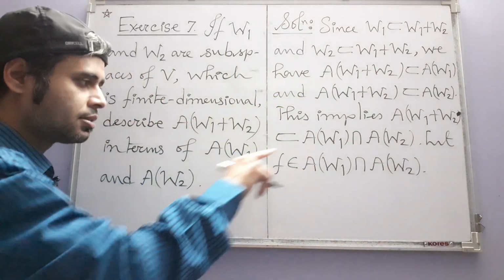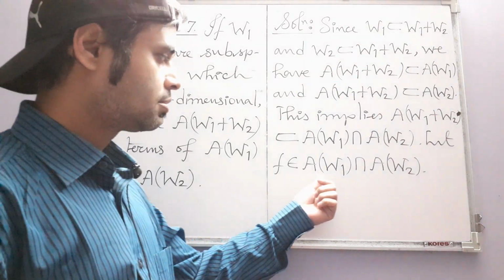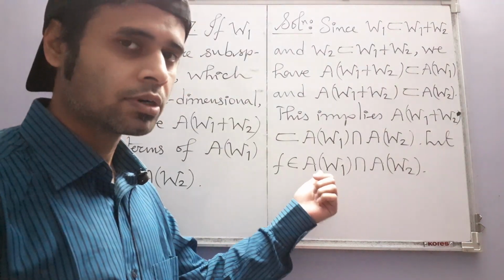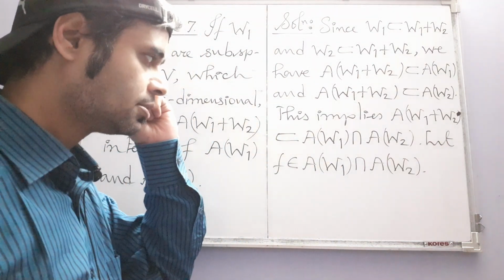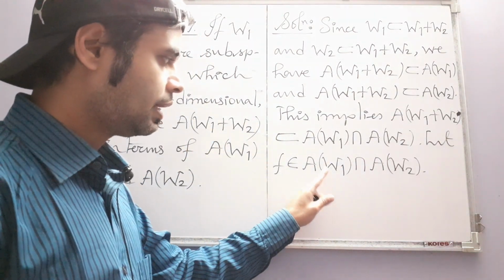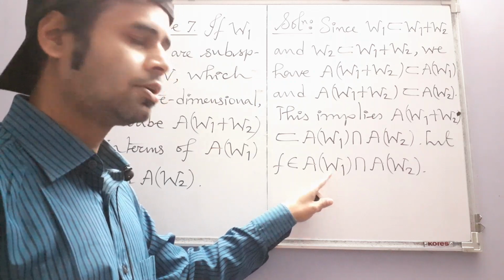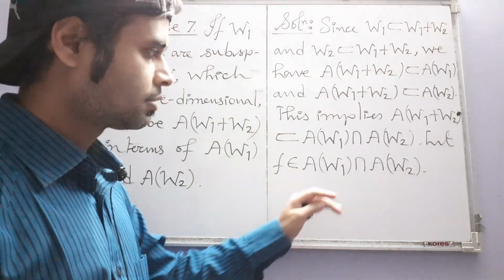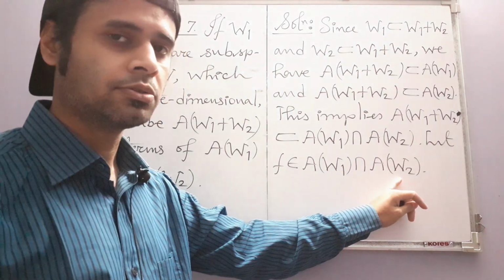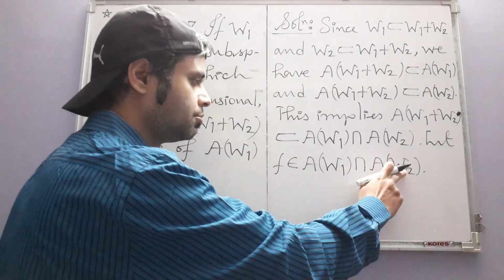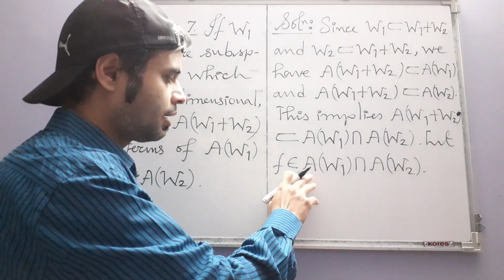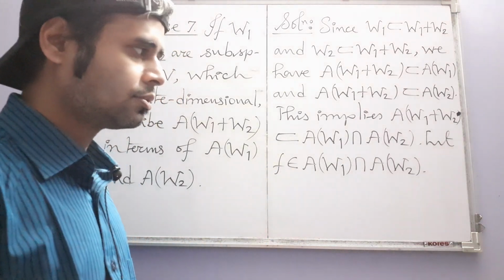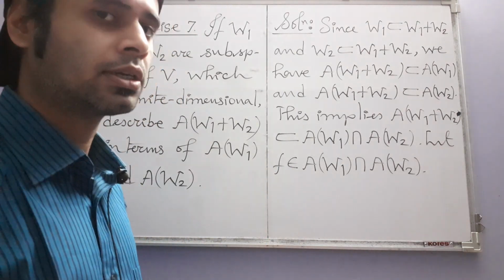Now, being in this intersection, F is in the annihilator of W1 and also in the annihilator of W2. So that means F makes any vector from W1 vanish, and also it makes the entire W2 vanish, in the sense that you take any vector from W1 or from W2, apply F on that vector, you are going to get the zero scalar.